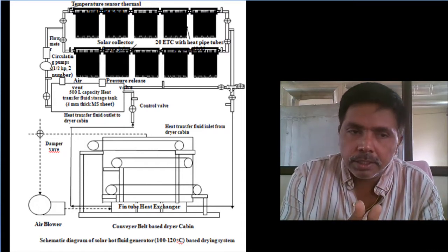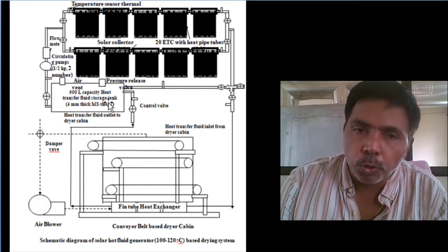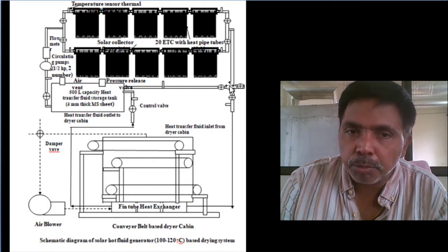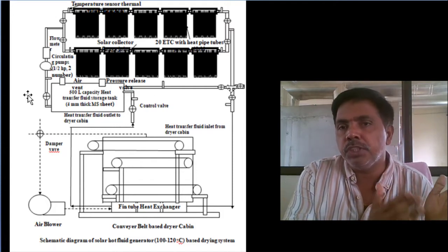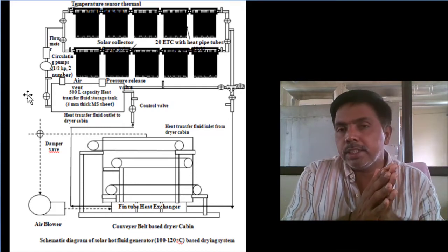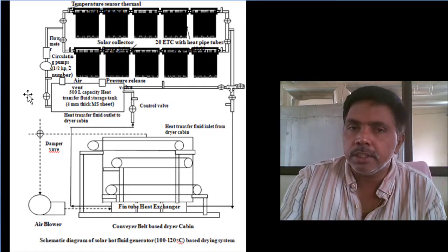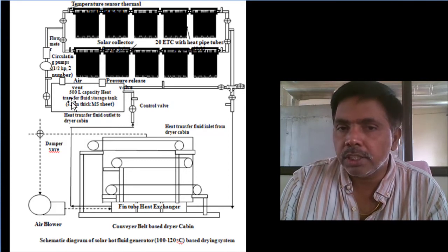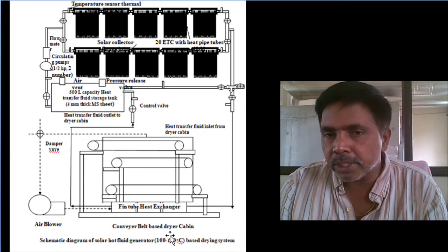In this system, what we did, the solar energy absorption is a separate system, with heat based solar collectors. The hot fluid generated is stored in a storage tank, and the dryer unit is separate.